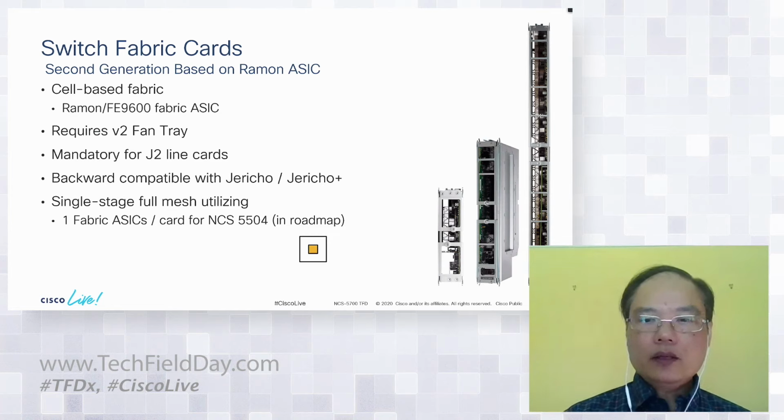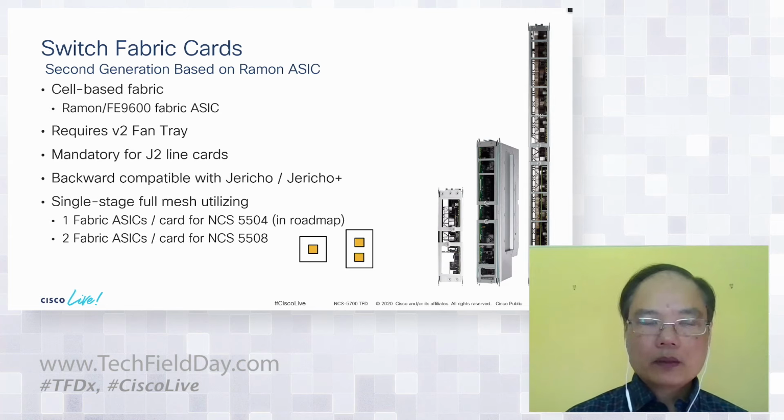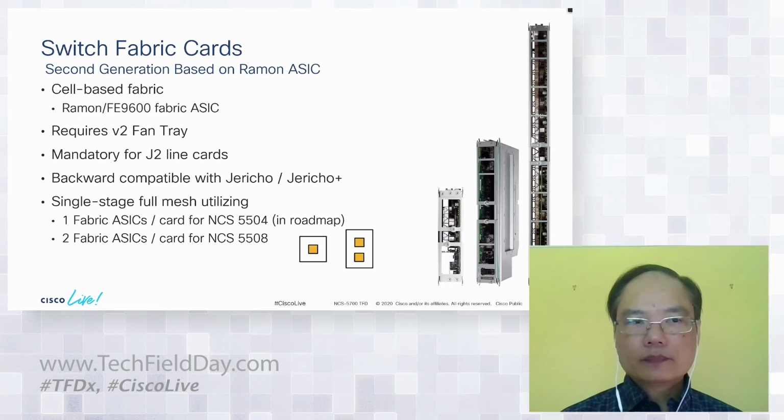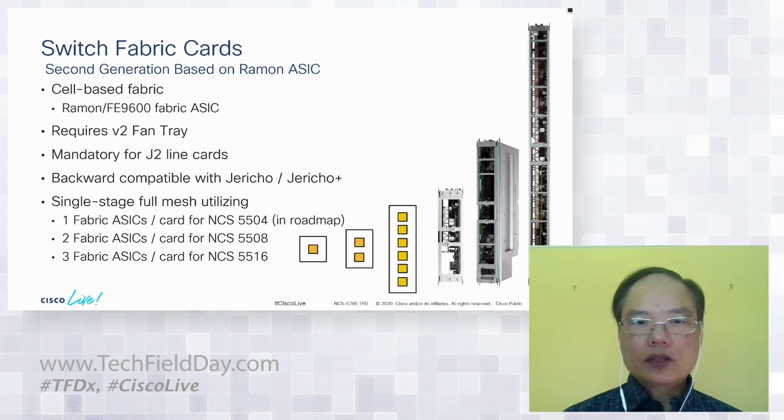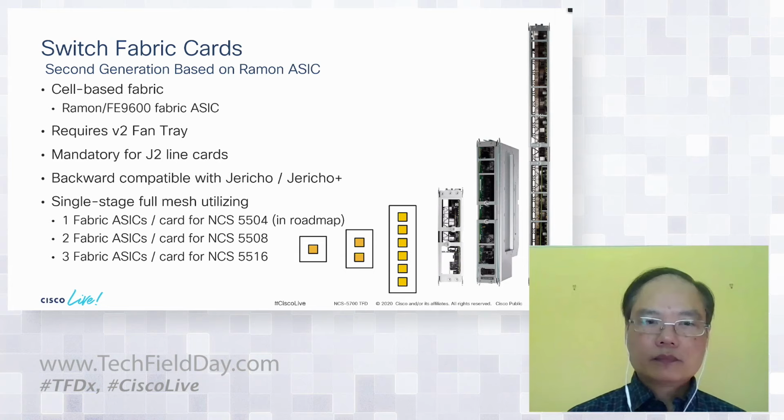Design is simple, again, just one fabric ASIC for the 4-slot chassis, 2 ASICs for the 8-slot chassis, 6 ASICs for the 16-slot chassis. So the only difference is in the height.